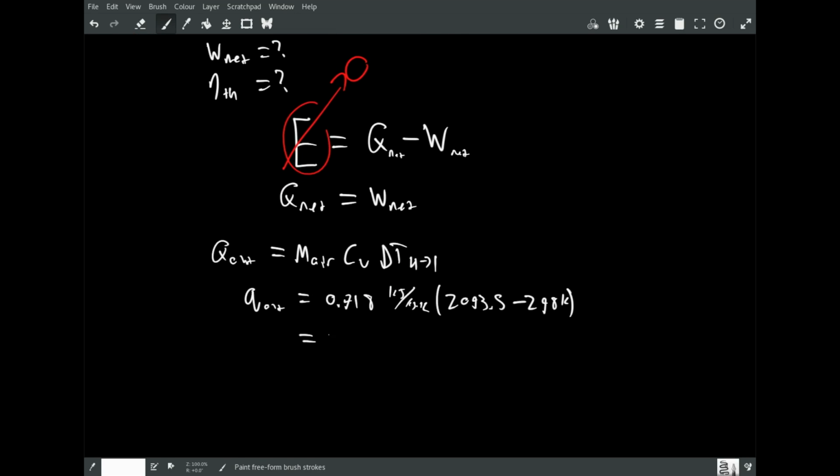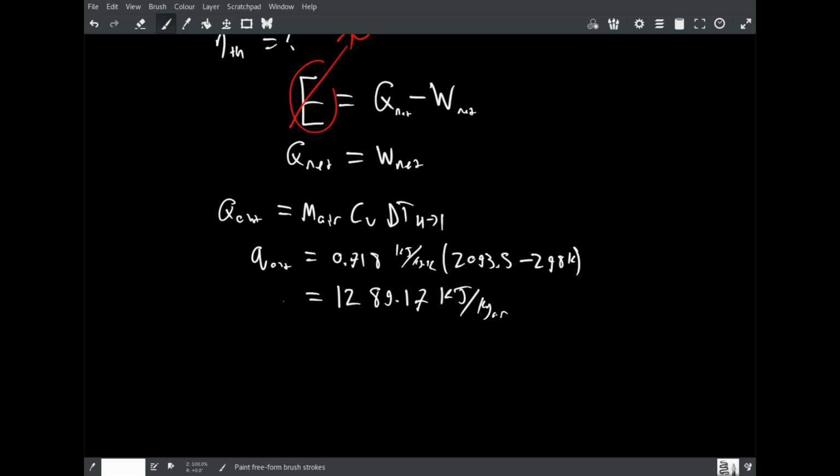So in other words, Q out is 1289.79, I'm sorry, that's 1717 kilojoules per kilogram of air. You don't have to write the air. You can usually assume that air is your working fluid. But that's what our Q out is.